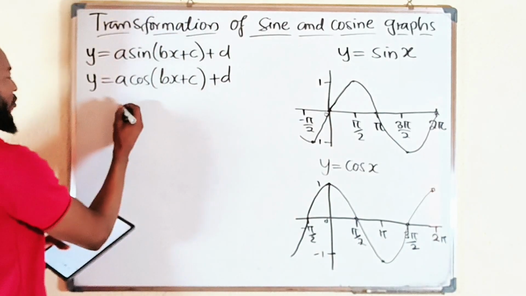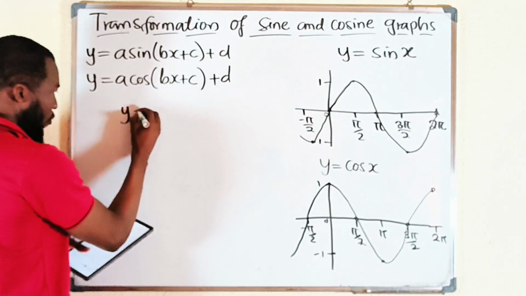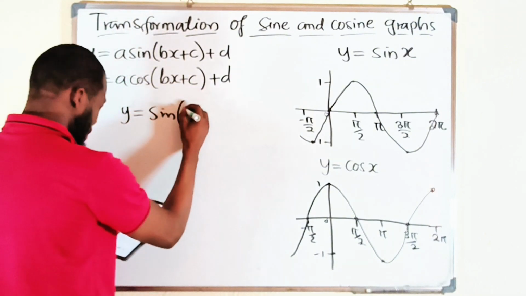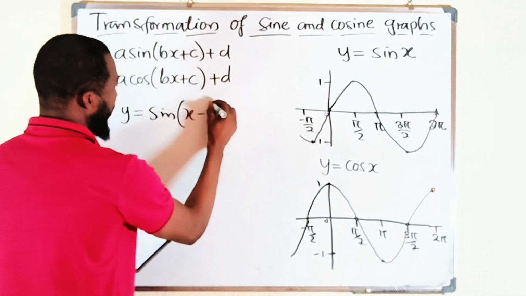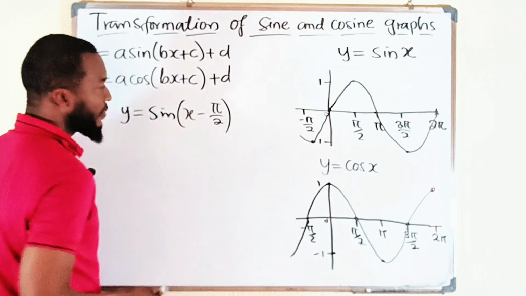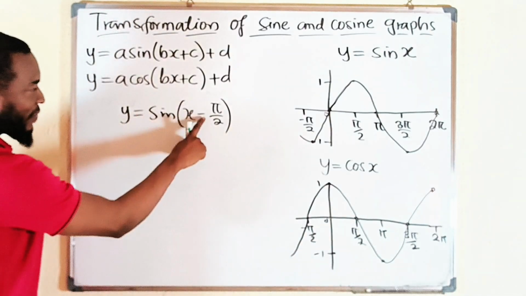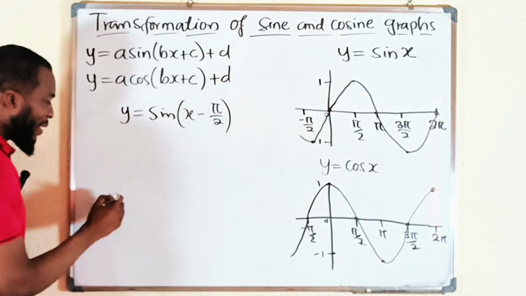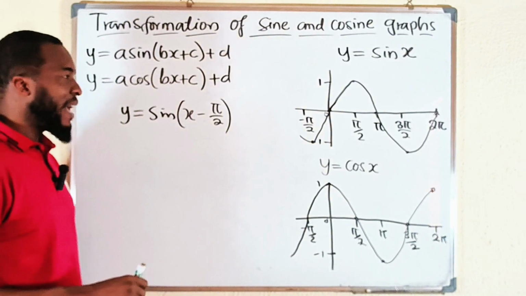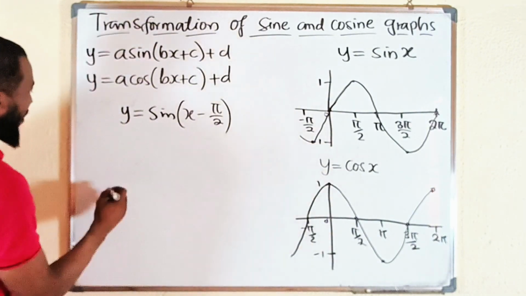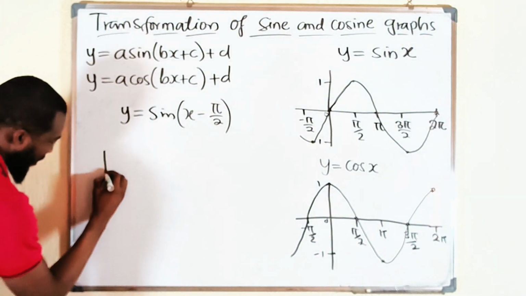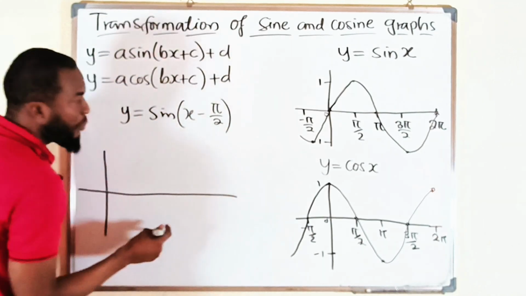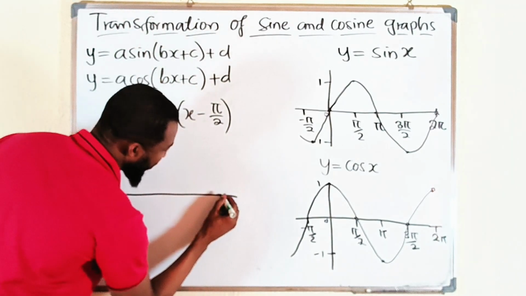So I have the first one, which is y equals sine of x minus pi divided by 2. Because of this minus, the graph will be shifted to the right. I'm going to show you how you can create an imaginary y-axis. The period remains the same, 2 pi, right?